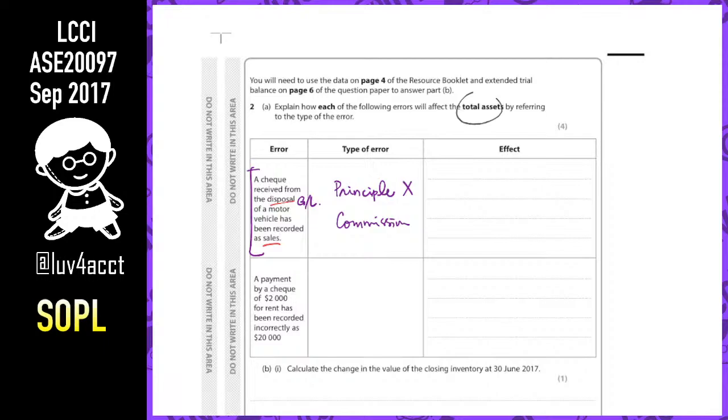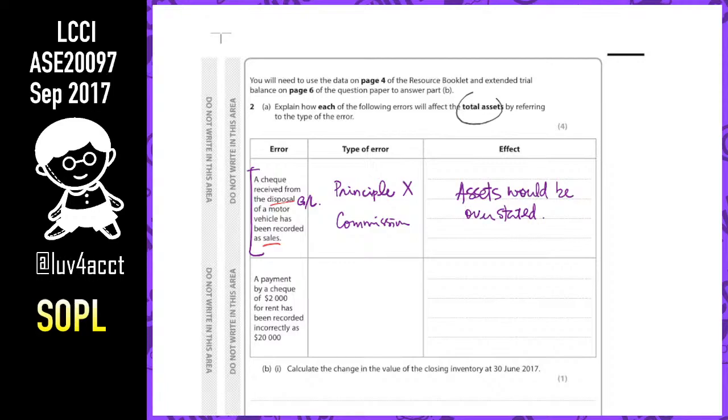Will it? Maybe. Okay, I understand. If you treat it as sales, you won't put it in disposal, so you won't prepare the disposal account. So your asset would not be put into the disposal account, and then assets would be overstated.